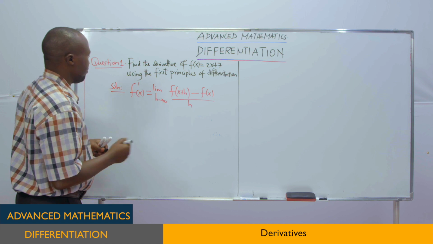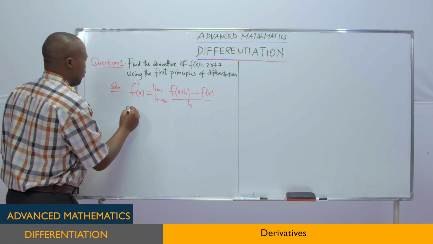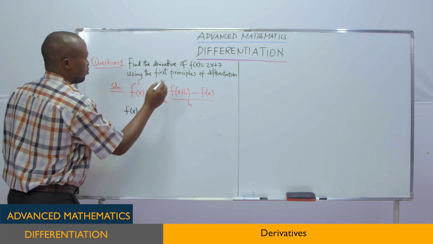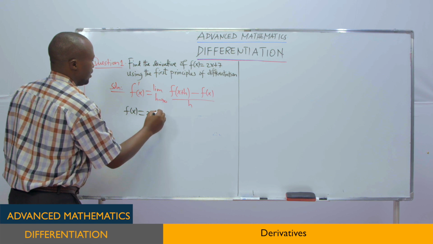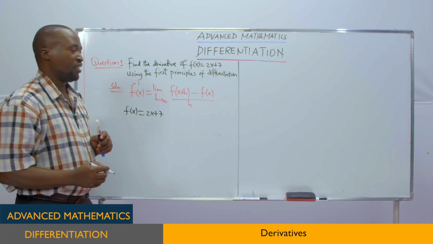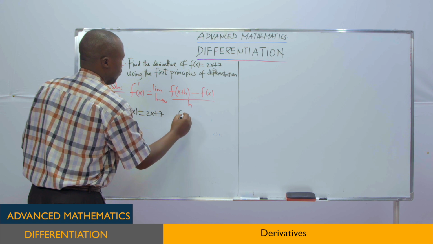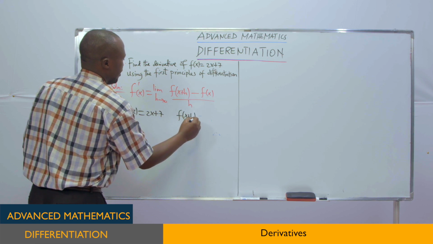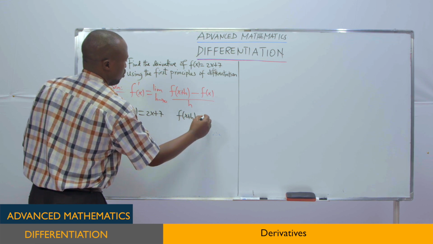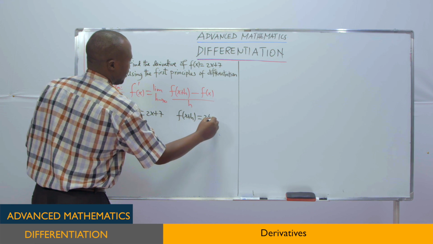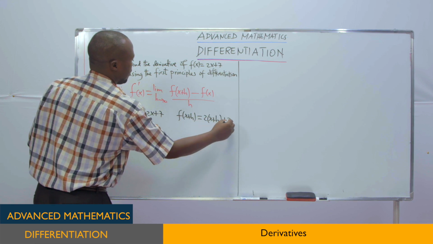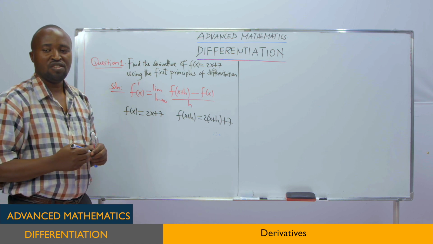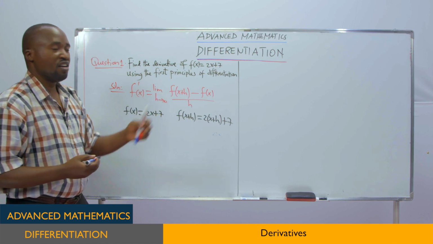So in this case, f of x is equal to 2x plus 7. But again, f of x plus h is equal to 2(x plus h) plus 7. So just substitute in our formula.